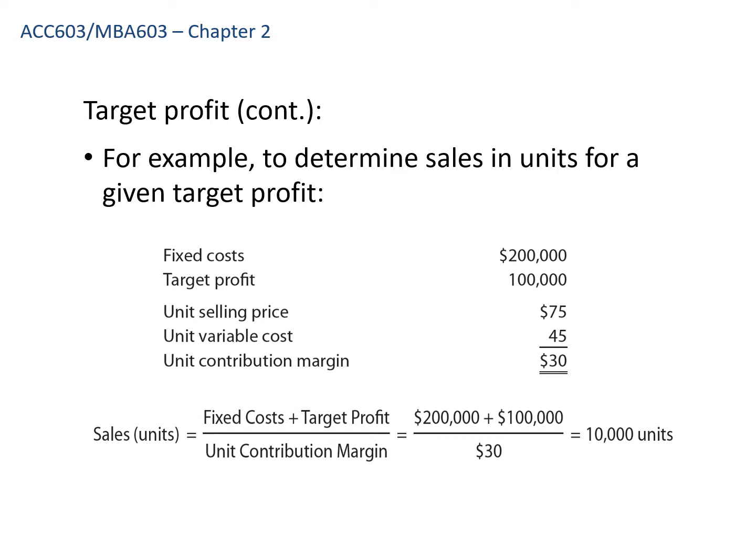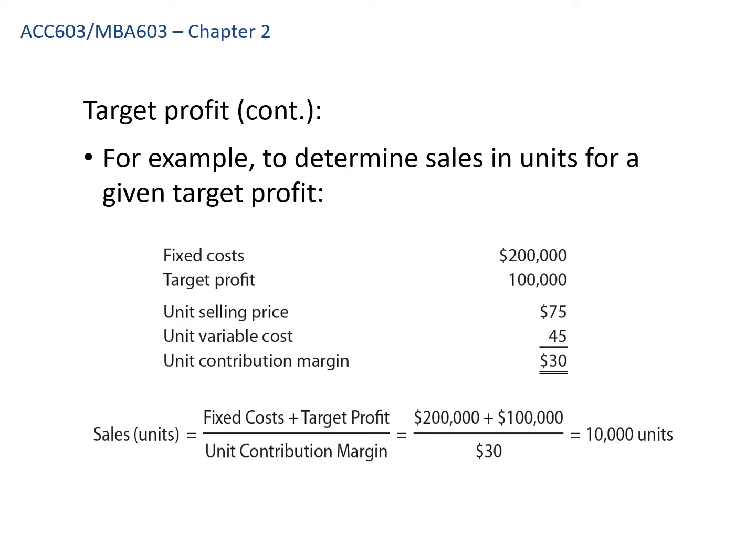So the example I have for you here is we have fixed costs in this company of $200,000. They want to earn $100,000 before-tax profit. And we have a unit selling price of $75 and a variable cost of $45. So each unit is going to give us $30 towards covering the $200,000 in fixed cost and providing for a $100,000 profit.